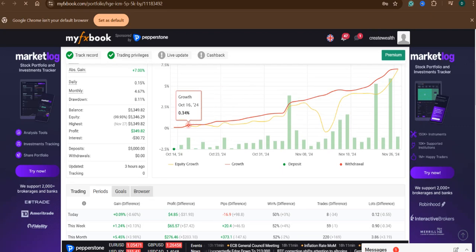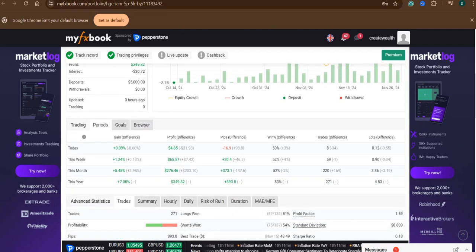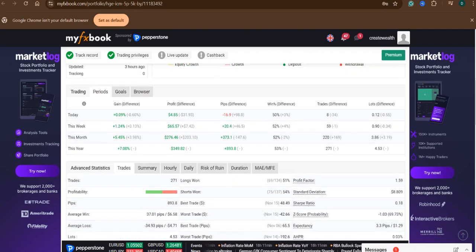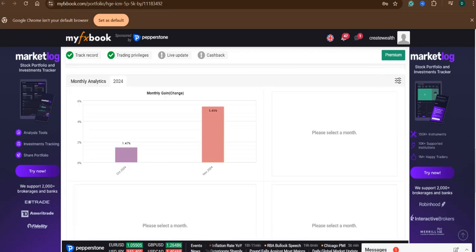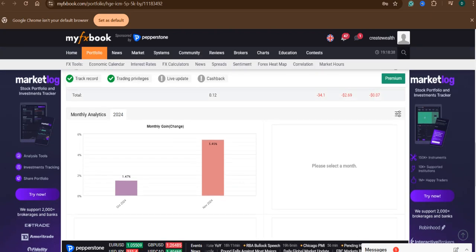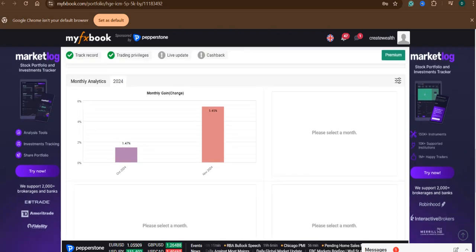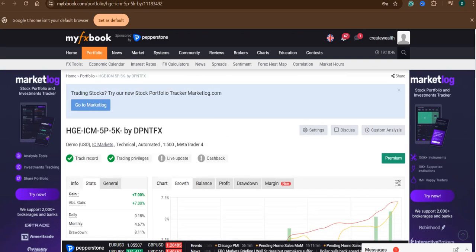So far the maximum drawdown was 8.11%, and the monthly is around 4.67% using these presets. These are the conservative presets, I would say, and these are the running trades, as you can see. In October, it's 1.47%. In November, it's 5.45%. Okay.